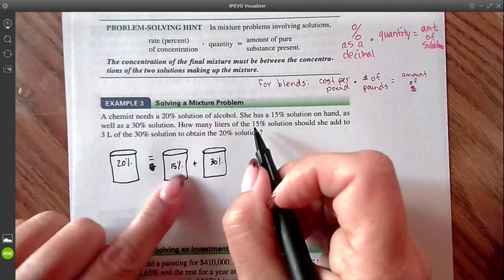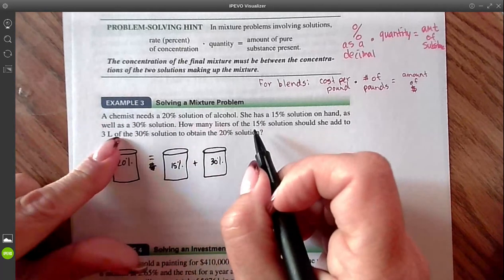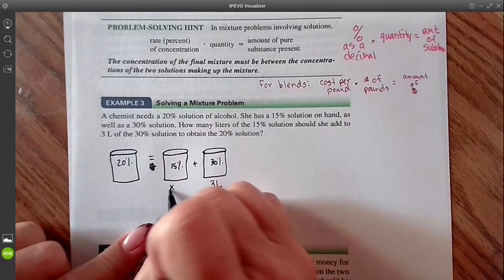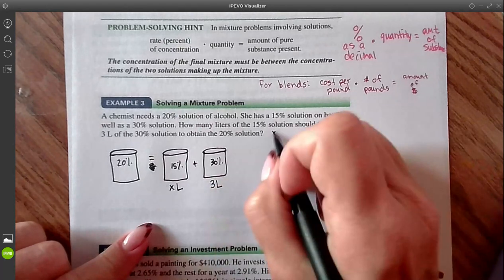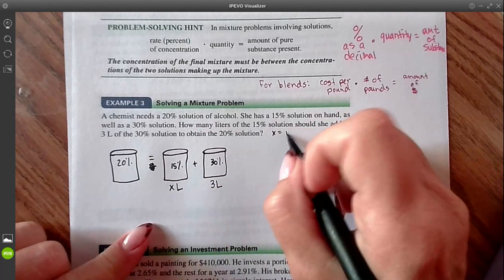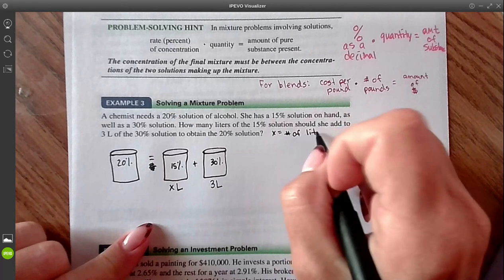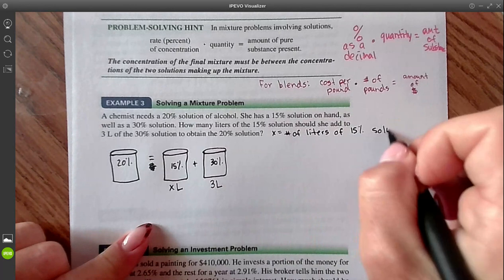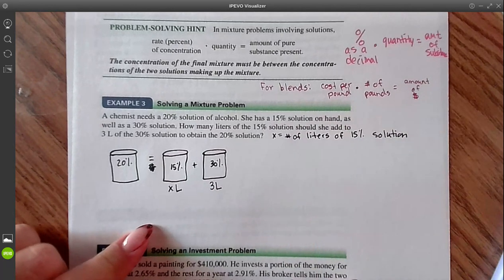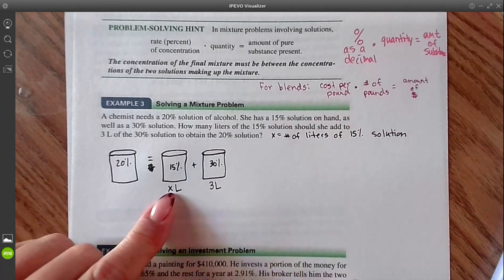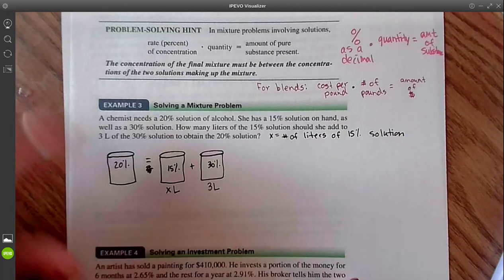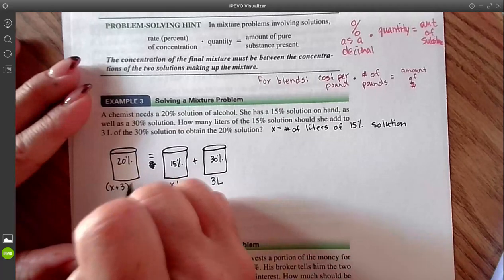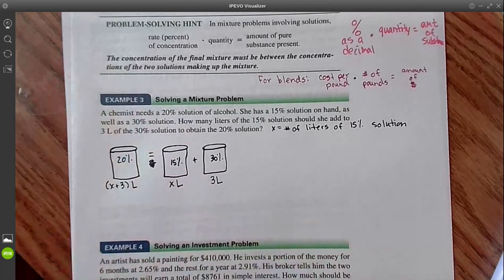We don't know how many liters of 15%, but we do know it's 3 liters of 30%. So this is 3 liters. This is x liters. So we're going to say x equals the number of liters of 15% solution. That's what we're going to be solving for. If I mix x liters of 15% and 3 liters of 30%, then over here I'm going to have x plus 3 liters of 20%.